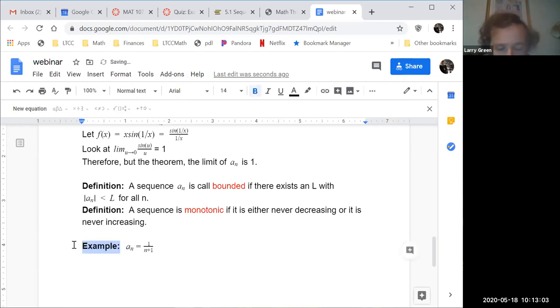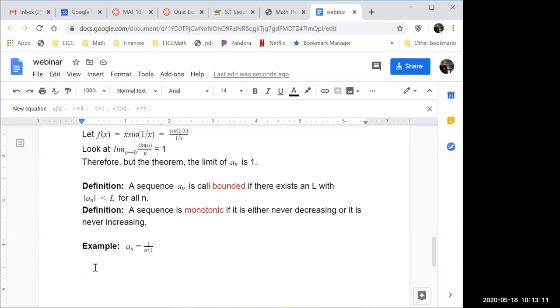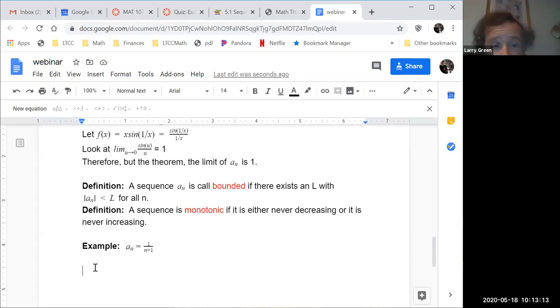Is this bounded? What do you think? Yeah, because notice that if n is 0, it's 1. After that, it gets smaller and smaller. If n is 1, it's a half. N is 2, it's a third. N is 3, it's a fourth. So it's bounded by 1. And it's never negative, so you don't have to worry about the absolute value at all.